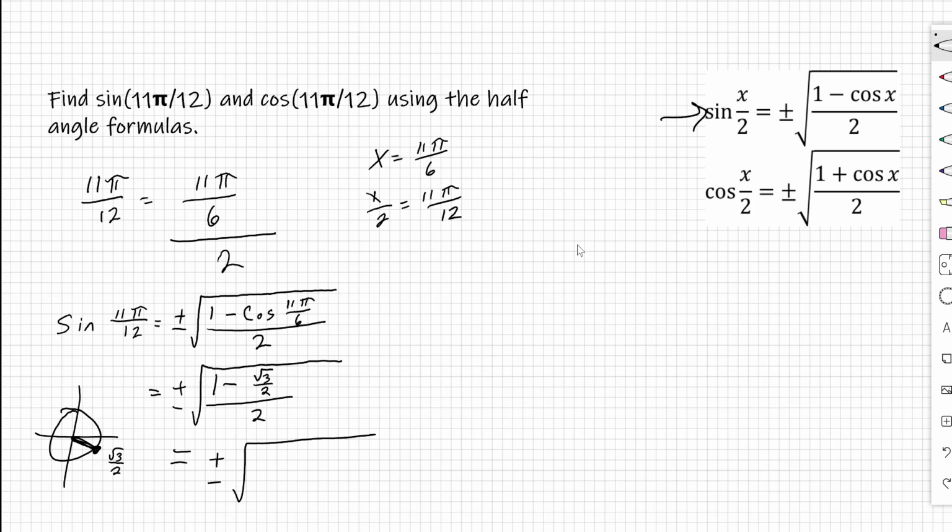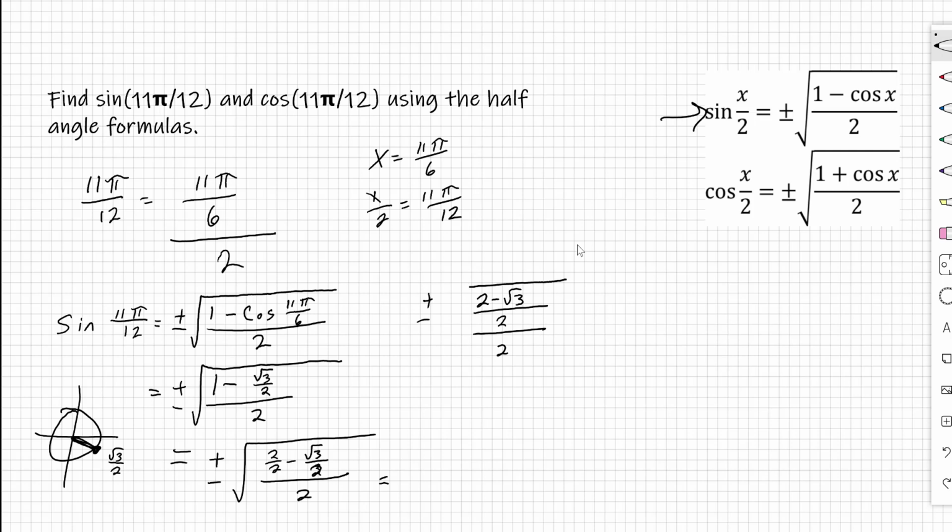And now we've got a bunch of fractions to clean up. 1 is 2 over 2 minus the square root of 3 over 2. So that gives us plus or minus the square root of 2 minus the square root of 3, over 2, over 2.